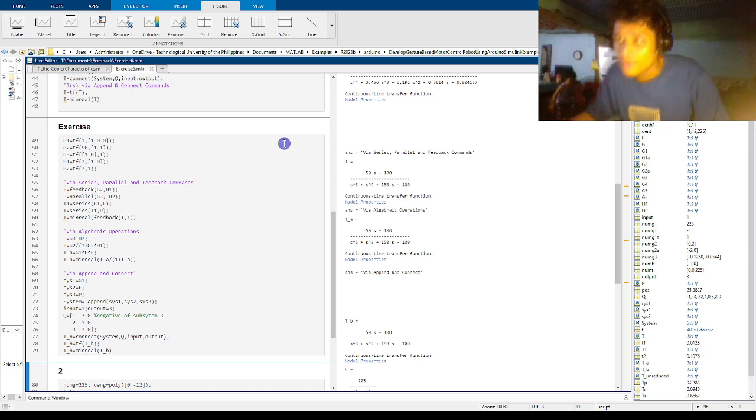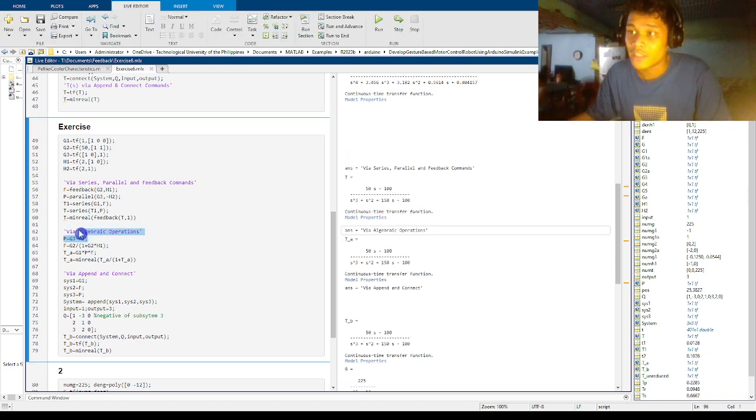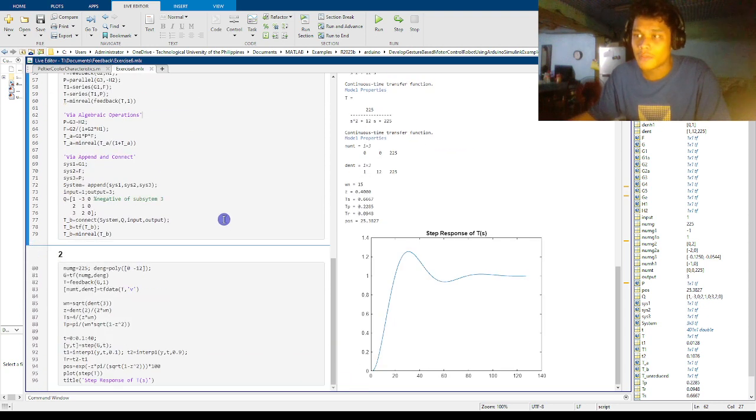So I recommend being in the most comfortable, which is, I believe, the algebraic operations, because this is how we traditionally solve our block diagrams.